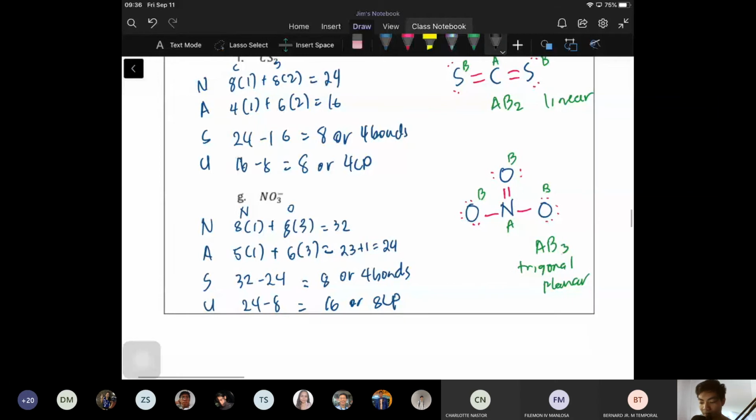Nitrogen in the middle, the oxygens form a triangle. So, I'm done. Of course, your final touch is to attach the formal charges. Formal charges are automatic in my mind. Just know the techniques.